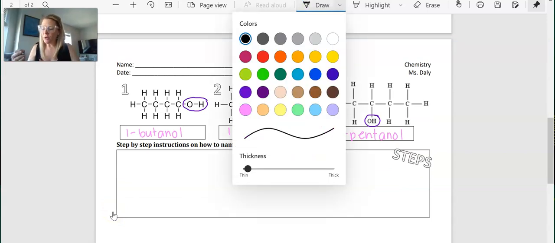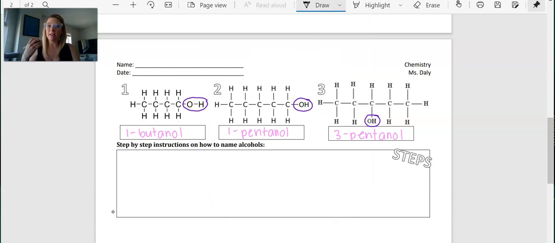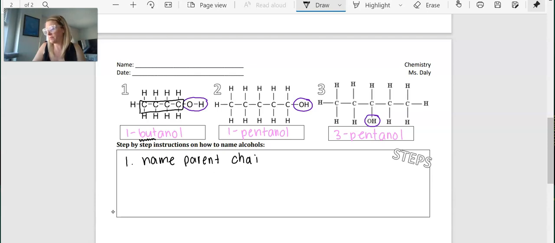Now, first and foremost, we're going to try to follow along with the same way that we did alkanes, alkenes, and alkynes. First thing that we want to do is take a look at our parent chain. And so our parent chain for carbons, notice that we still have our prefix of but-. So step 1 is going to be to name the parent chain. Okay.